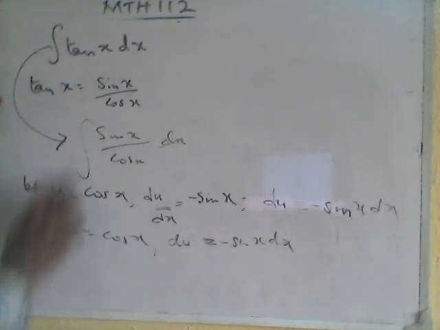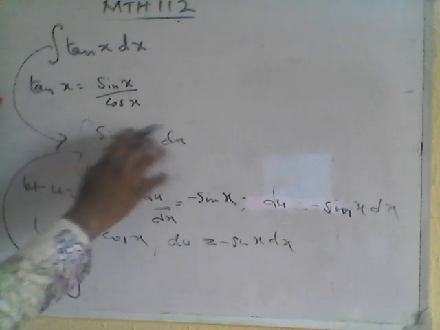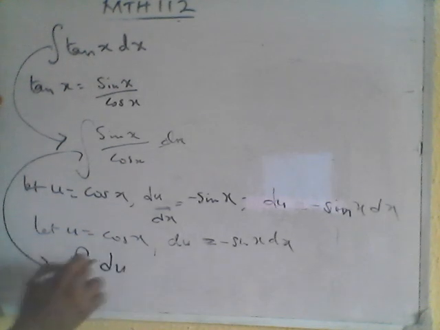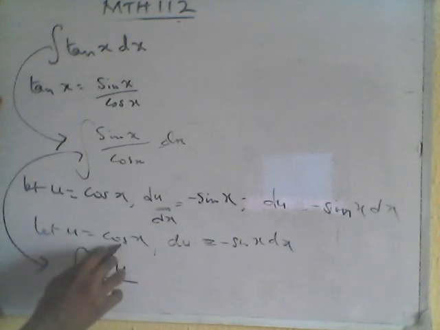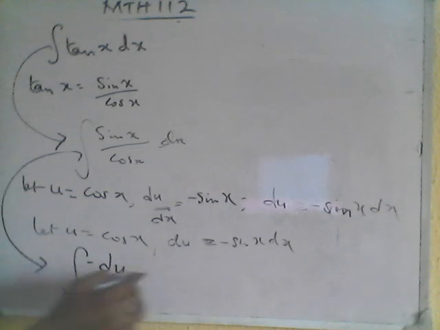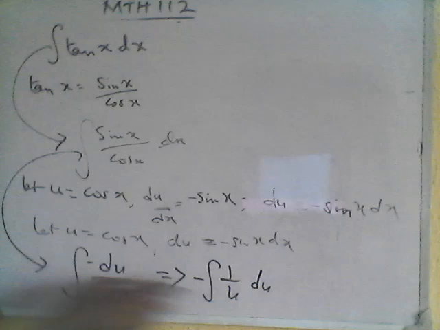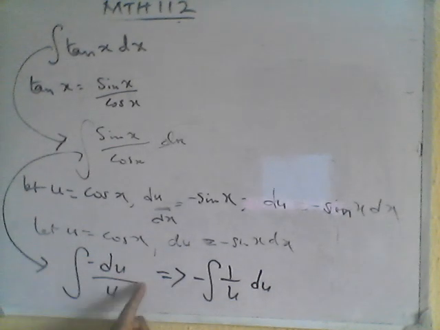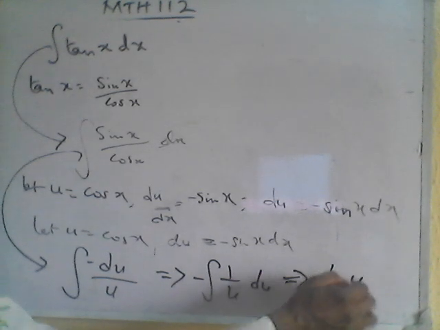Okay, so quickly substitute here. Instead of having sine x dx, I have du up there, but there's a minus sign here, and instead of having cos x, I'll have u. That minus sign is the same thing as saying minus outside, 1 over u du. So here, it's the same thing as saying minus ln u.